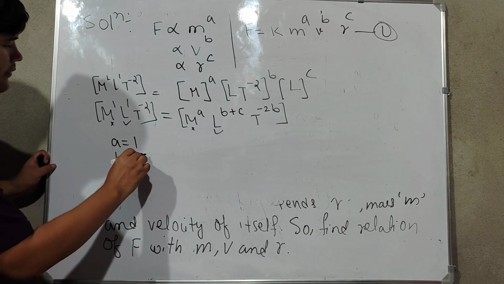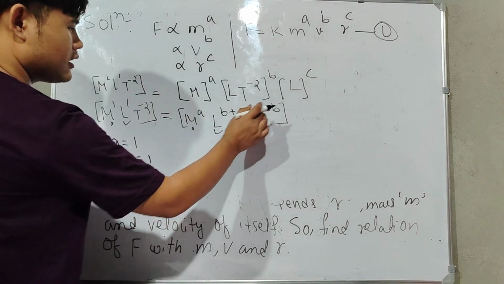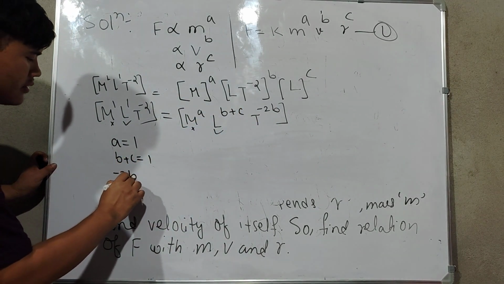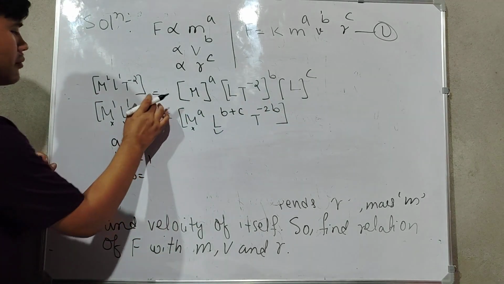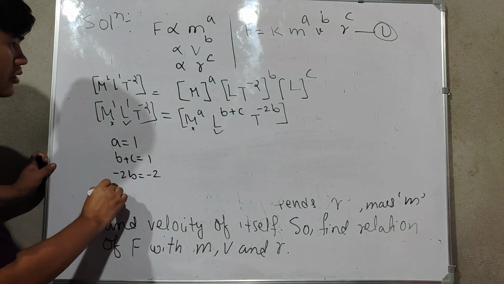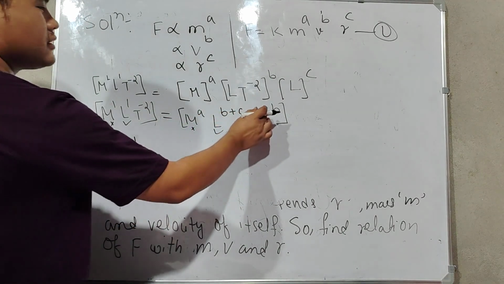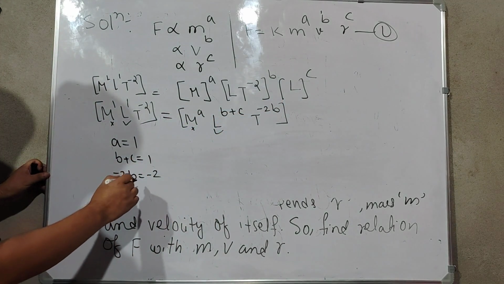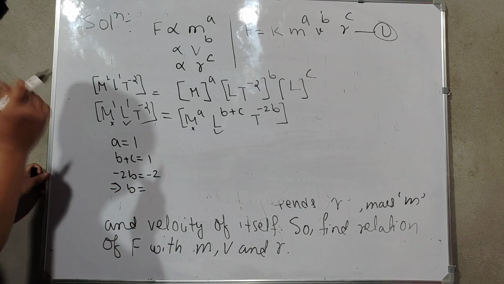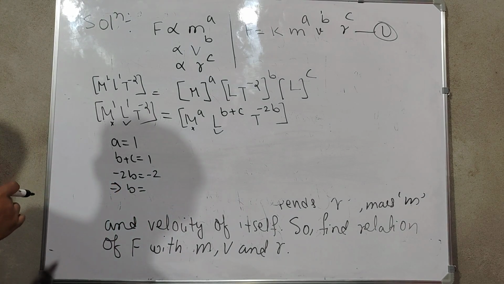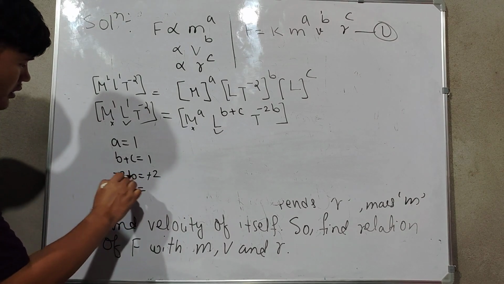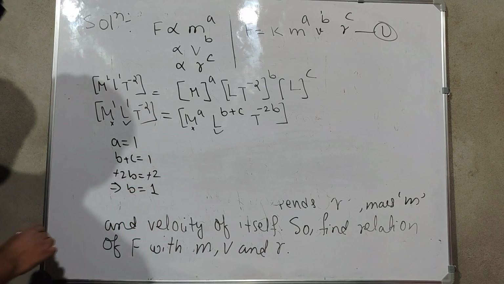B plus C is equal to 1. And then T is minus 2B. So what will be B is equal to? B is equal to 1.